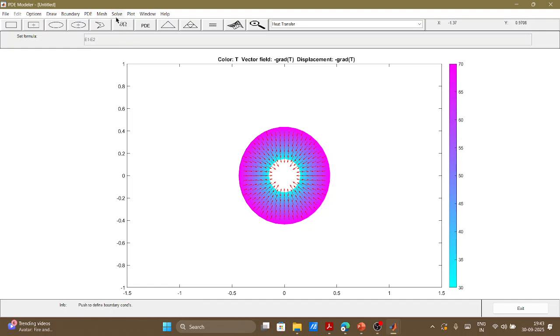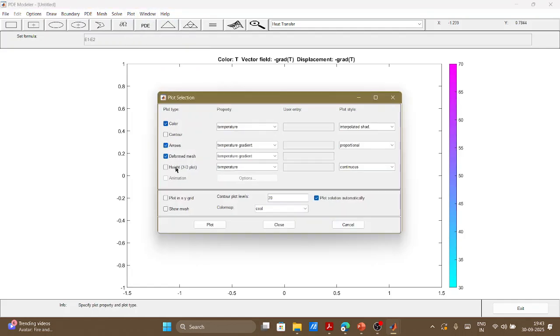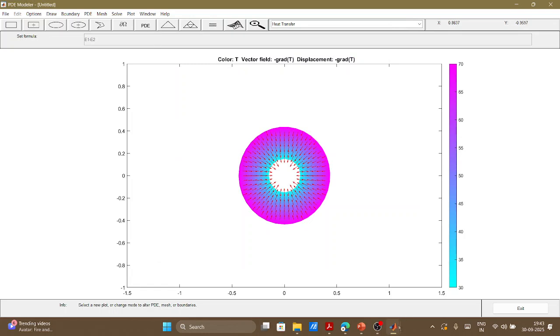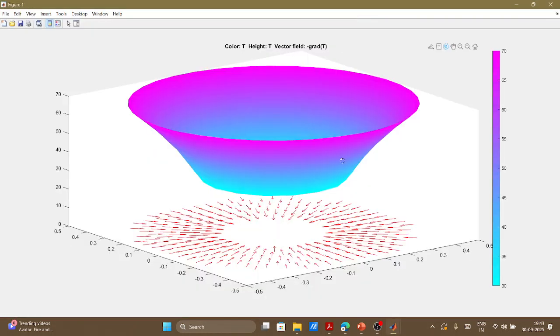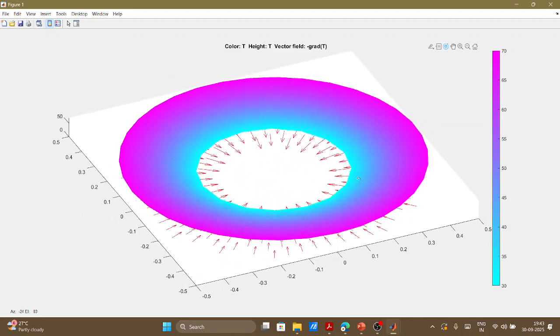If you look at the 3D aspect, yeah, this is how your 3D temperature profile looks like. The outside fluid is at 70 degree centigrade, and that heat is being transferred based on your thermal conductivity value to your inside fluid at 30 degree centigrade, right?